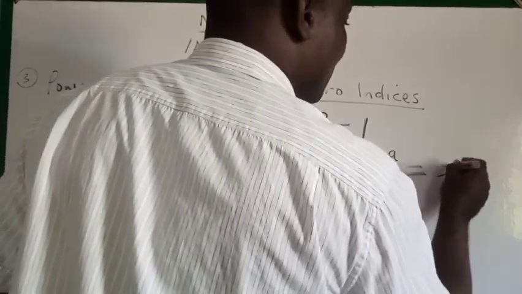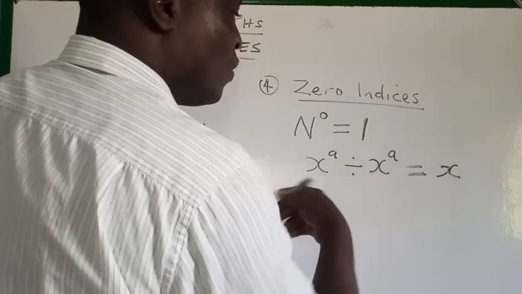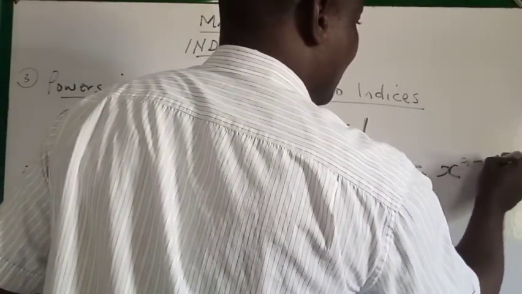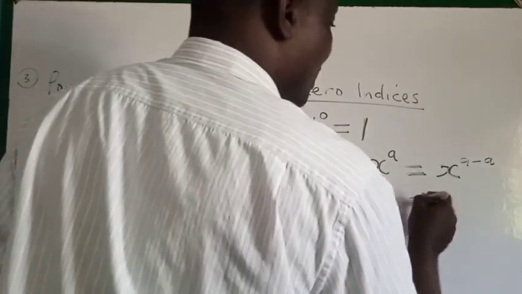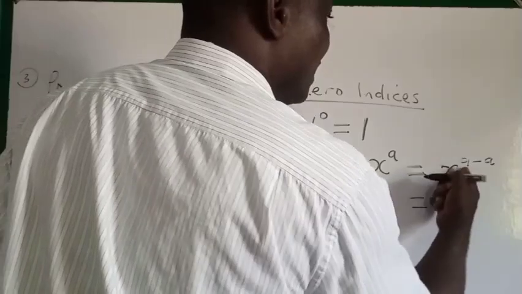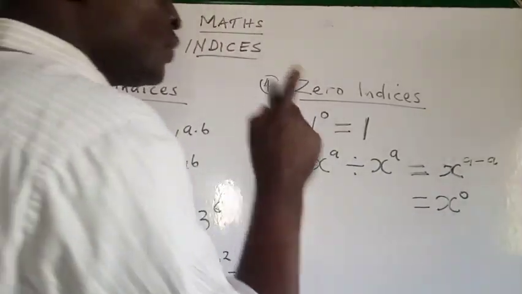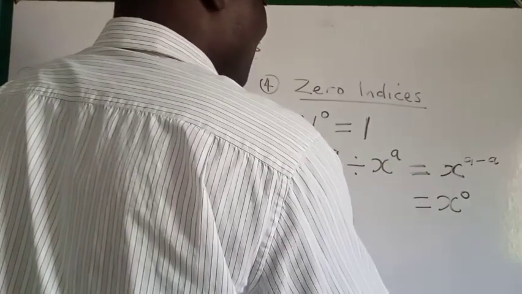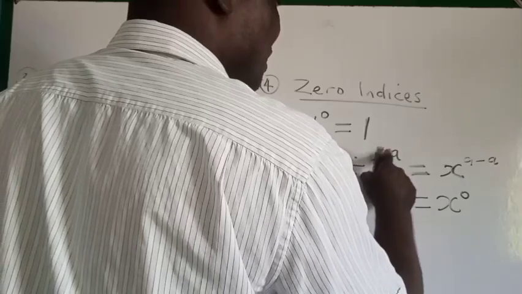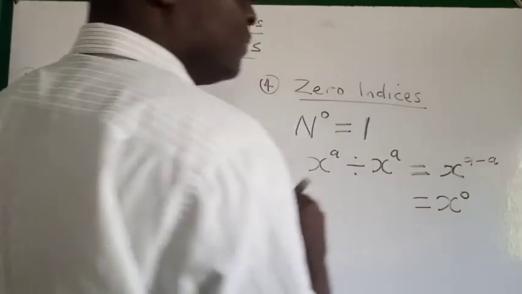What do we do to the powers? We subtract. So it will now be a minus a. So we have x raised to power a minus a. A minus a is equal to what? 0. So it means that x raised to power a divided by x raised to power a is equal to x raised to power 0.